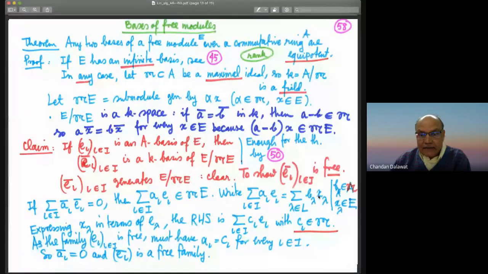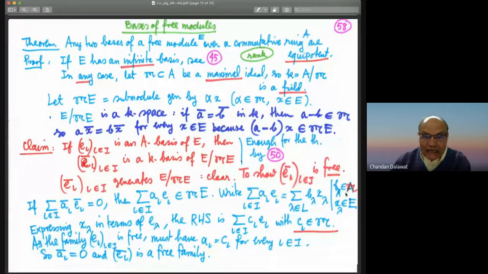Now these X lambdas are in E, and I have a basis of E. This E lambda, well, it should not have been E lambda, it should have been E iota. These E iotas form a basis of E, and X lambda is one particular element of E. So I can write X lambda as a linear combination of these E iotas.